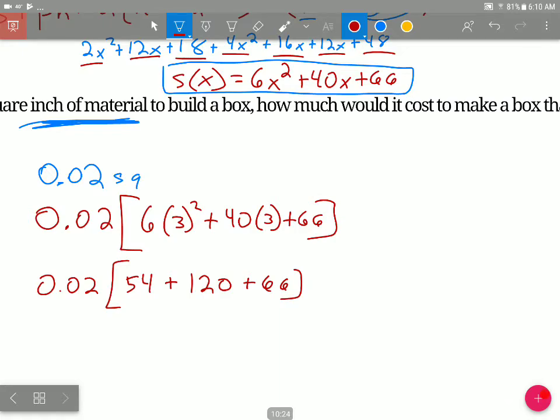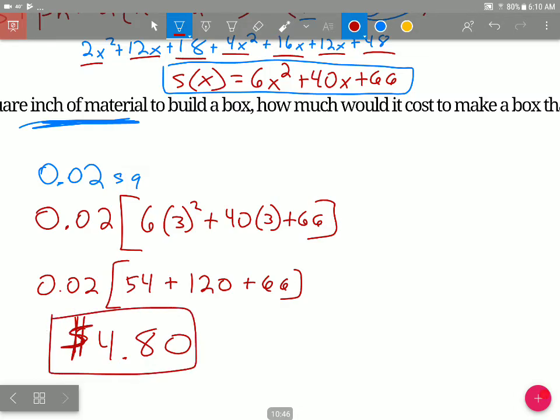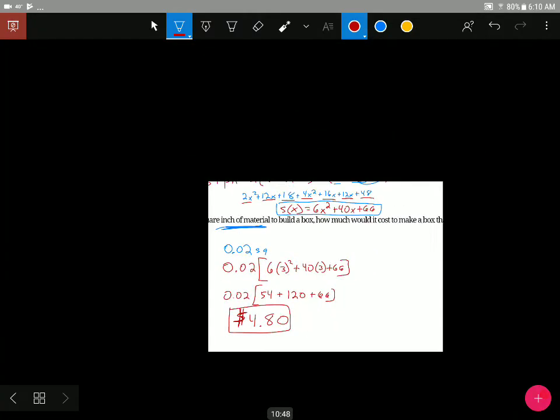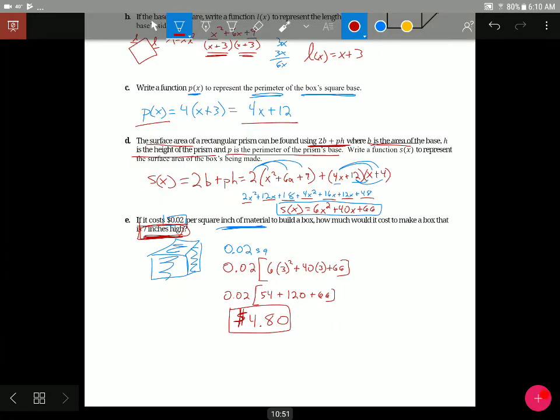I'm just going to multiply this out. 0.02 times 54 plus 120 plus 66 in parentheses, close it, is 4.8, or $4.80 to make that box. To make a box 7 inches high, which is not that big, it's a small box, it'll cost $4.80. And we're calling it right there.